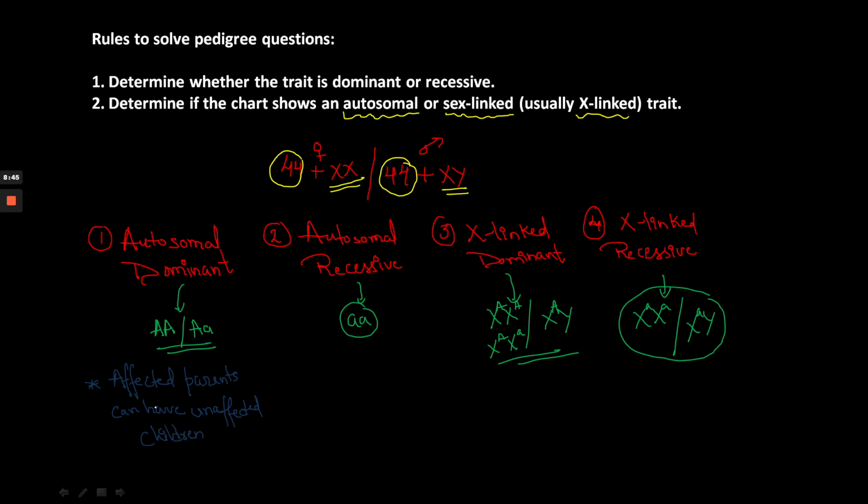So we will just look at the pedigree, and if you notice that there are two affected parents producing unaffected children, then of course the pedigree will be autosomal dominant only.